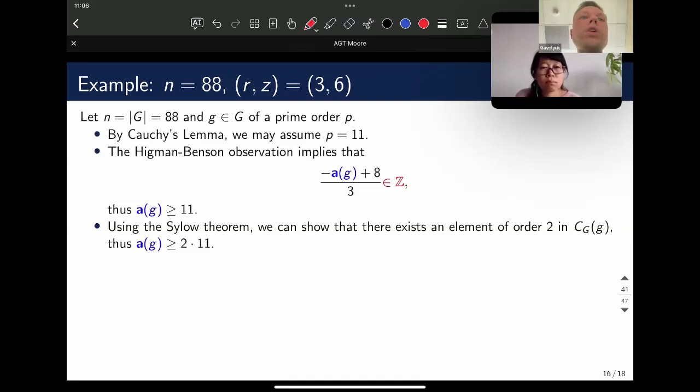So A of G must be greater than or equal to 22. But if you substitute 22 into this formula, you get a non-integer number. So again, by repeating the Higman-Benson observation, we obtain that A of G must be greater than 44.